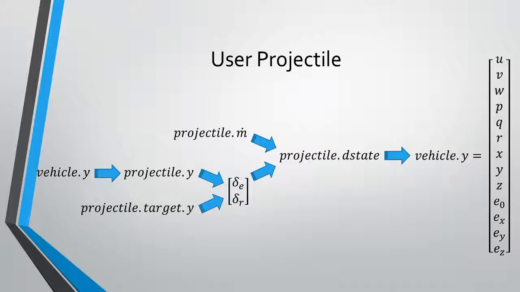It also takes in the y array of the target that it's given. It uses both of these in a kind of primitive targeting system that affects an effective elevator and rudder that the missiles have.